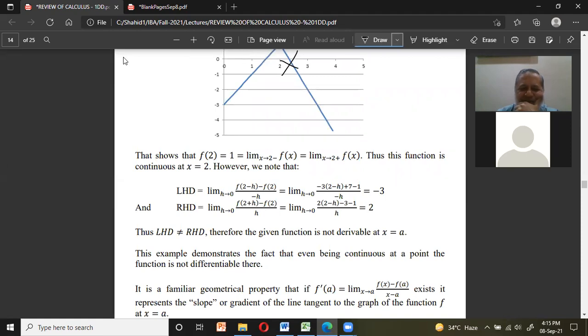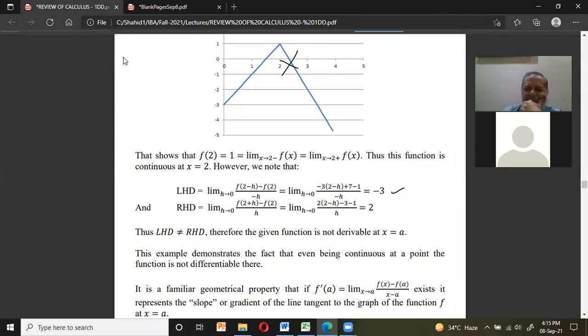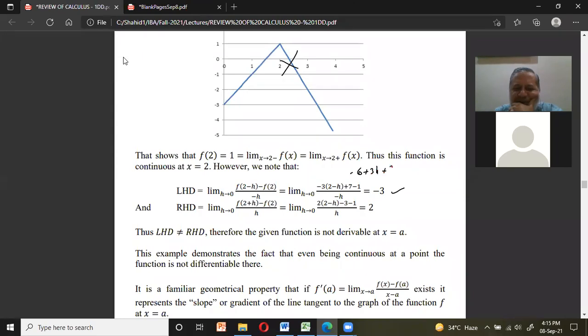Value of the function f of 2 is 1. Denominator is minus h. Simplify this and we get this limit. Numerator when simplified will be minus 6 plus 3h plus 7 minus 1. So 7 or minus 7 cancel, 3h upon minus h. So minus 3 will be the limit, h cancel out.